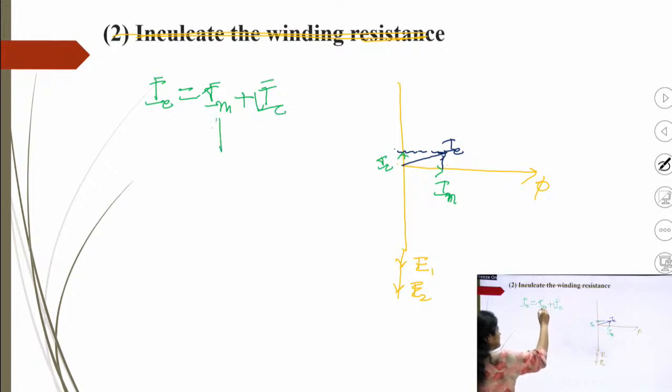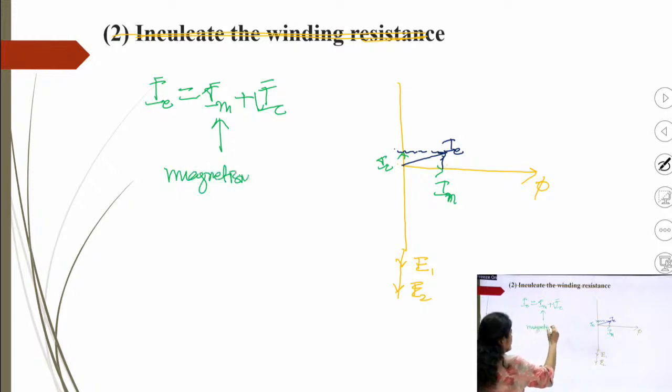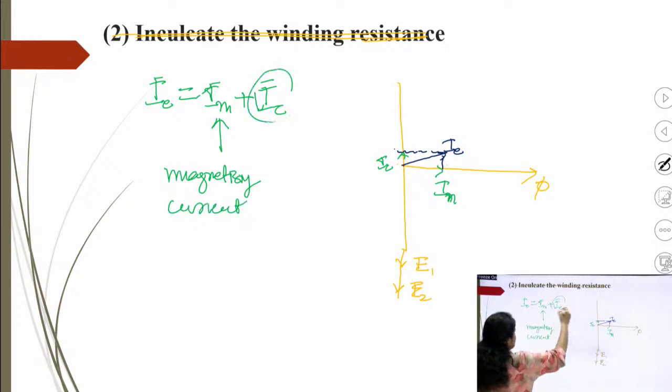So, what about this IM? It is a magnetizing current, and this IC is the core loss component.